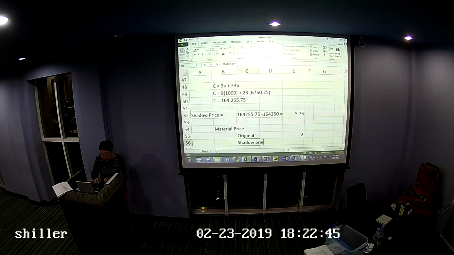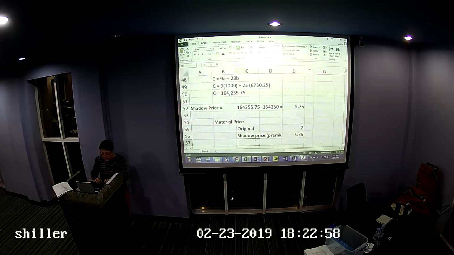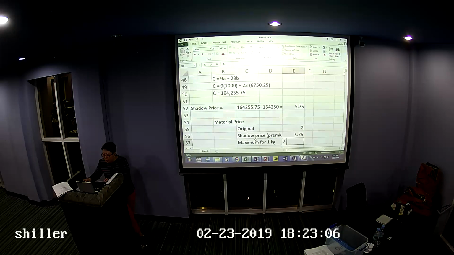Okay, shadow price, which means this is your what? What is the other meaning of shadow price? It is the premium you are willing to pay, correct? And how much premium are you willing to pay? We said 5.75. So the maximum price you are willing to pay for 1 kilogram is 7.75.